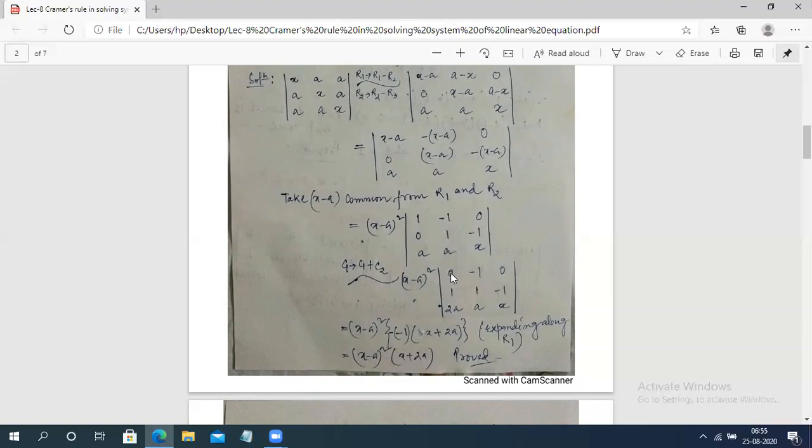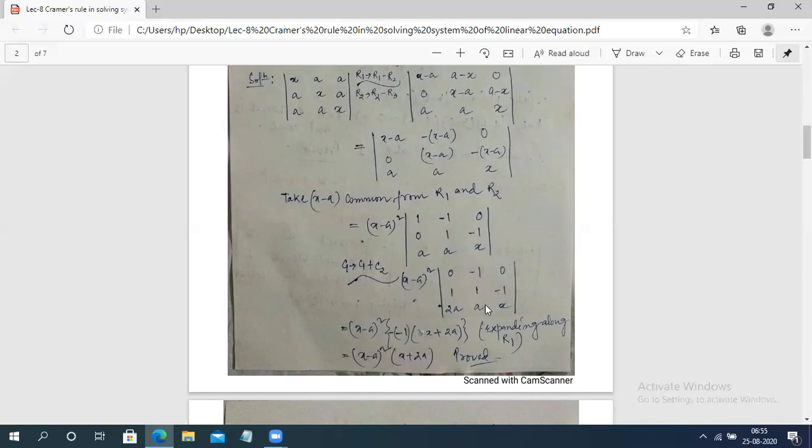Now since in the first row we are having two zeros, so expand this determinant along R1 and we will have this value. If we expand this along R1, that is negative of negative 1, that is positive 1, and then ignore this particular row, particular column, and find the determinant value of the remaining terms.